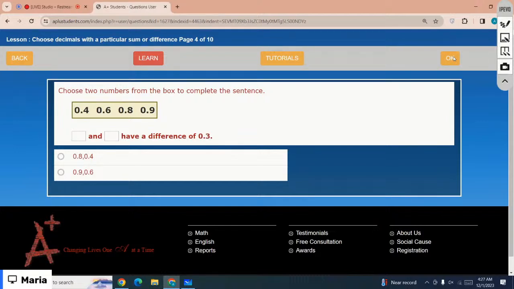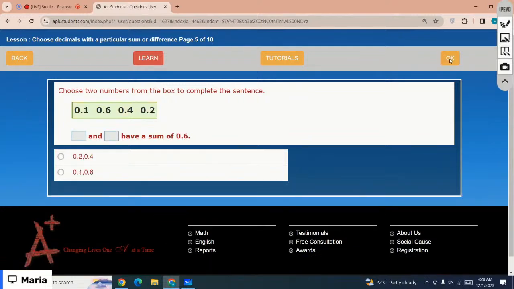So, which two numbers have a difference of 0.3? Yes, that is 0.9 and 0.6. They have the difference 0.3.